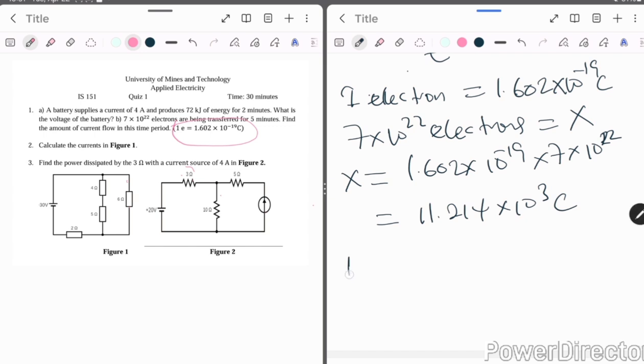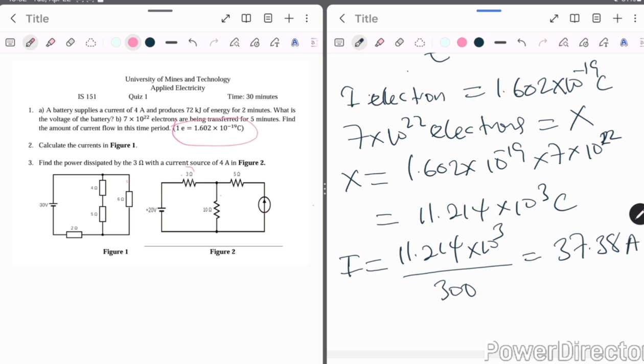Now we can go ahead and calculate the current, which is equal to the charge, 11.214 times 10 to the power 3, divided by time, which is 300 seconds. So this is going to give me 37.38 amps.